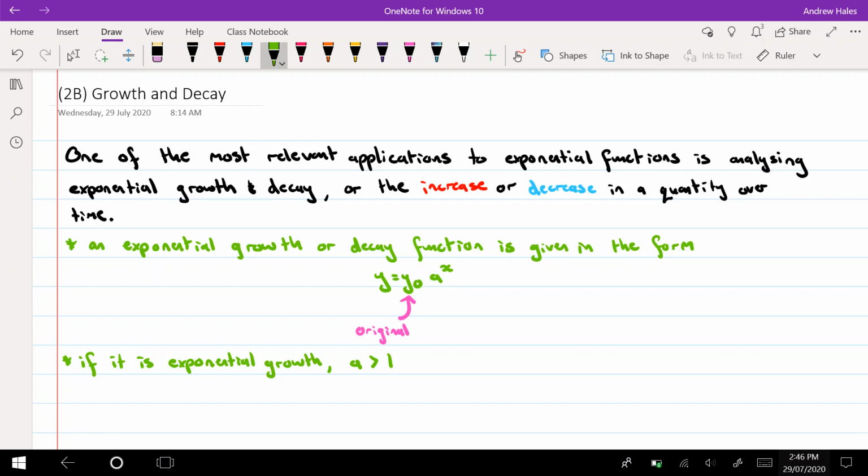But if we multiply by 2, we're going to double and then double and then double and then double, which makes us a lot bigger. For exponential decay, a has to be between 0 and 1. Because we're going to be multiplying essentially by a fraction, and so getting smaller and smaller and smaller over time.